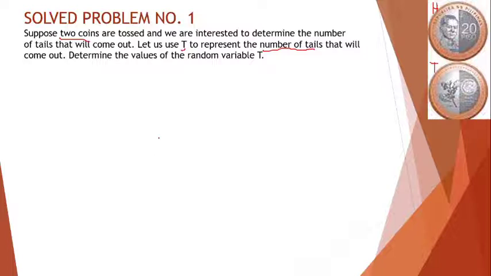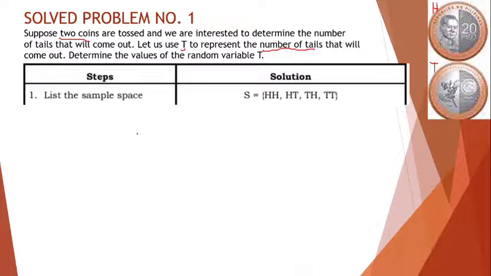So, we have some steps. Number one, list the sample space. So this is what I've told you: you are going to use the capital letters. This S stands for the sample space. H stands for heads. So possibly the first coin toss will be heads and then the second one is heads also.